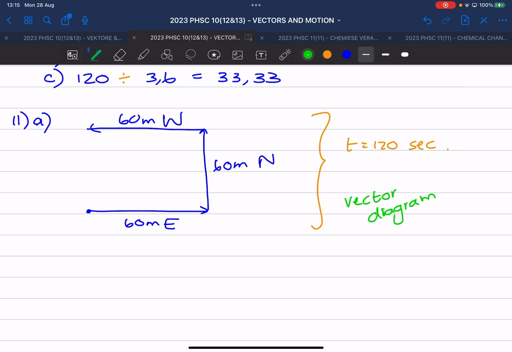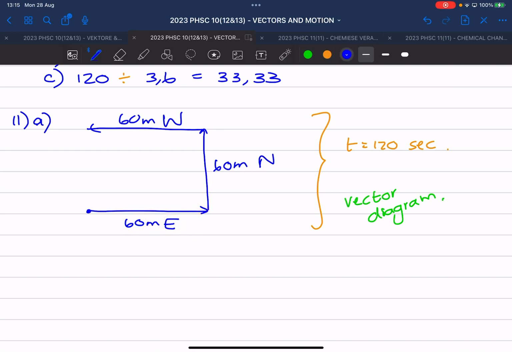And they love to ask a question like this in a test or an exam. A vector diagram. Okay, because we have vectors. What is a vector? It's a line and an arrow. The length of the line tells you the size, and the arrow tells you the direction.